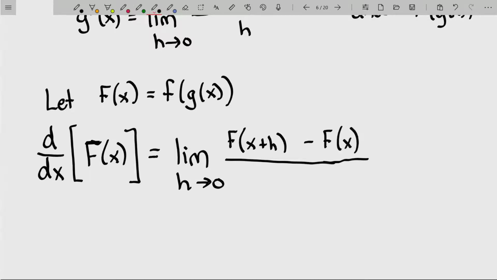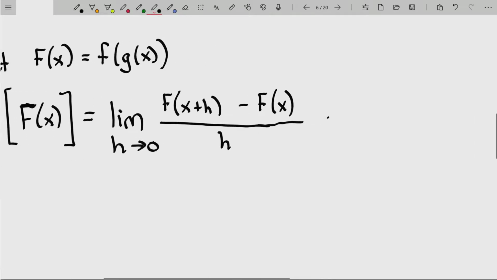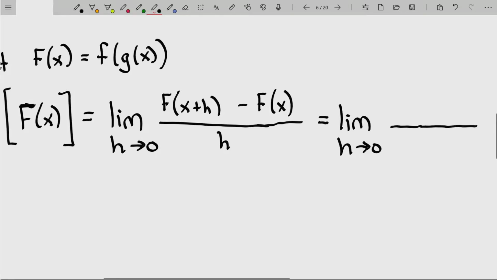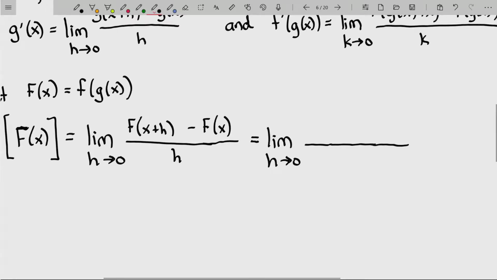That's just a stopover because I want to argue something here. This is going to equal the limit as h goes to 0 of, well, we can now trade out that capital F for a little f of g of x plus h. So just take that capital F there and plug in x plus h.